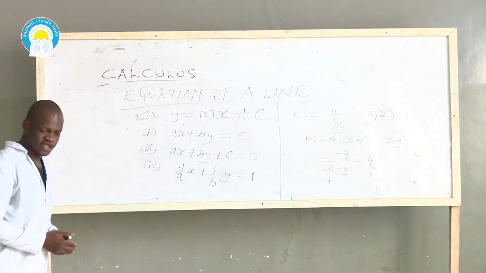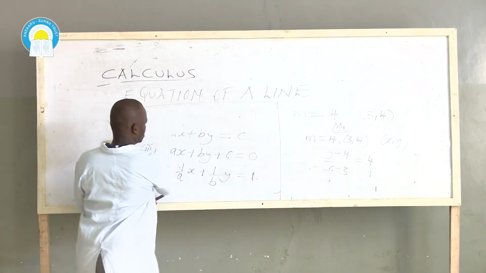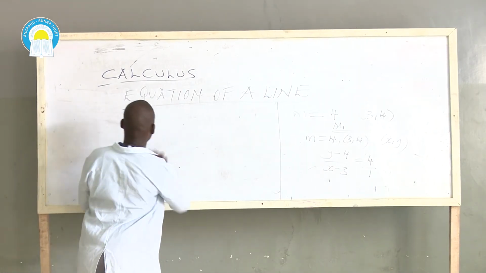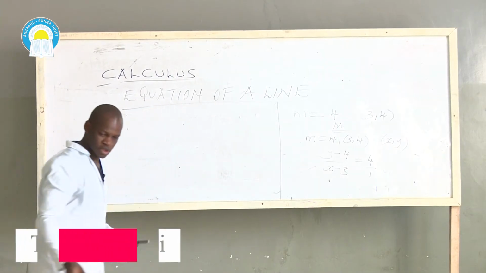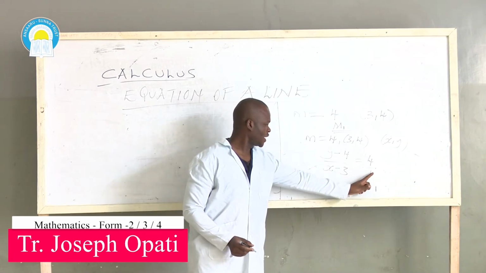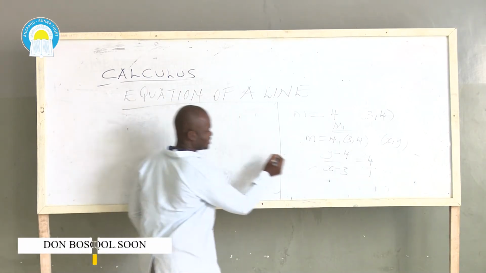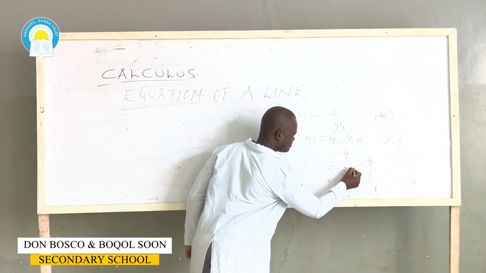Now, in the end, what do you get? Let's just clear this to have space. You proceed by cross multiplication. So I will have this by that, then this by that.